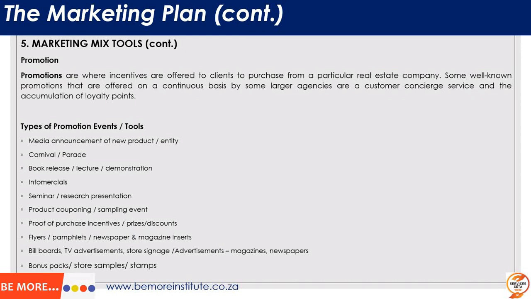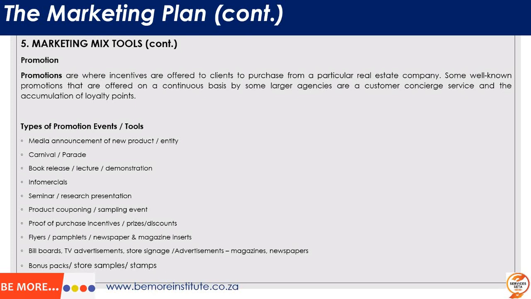You also have couponing. If you see in the shops, there will be coupons where you can buy this and get 10 Rand off or something. It's a way of also promoting your product. There could be sampling as well. We spoke about that. Discounts, distribution of flyers. You find them in newspaper inlets.